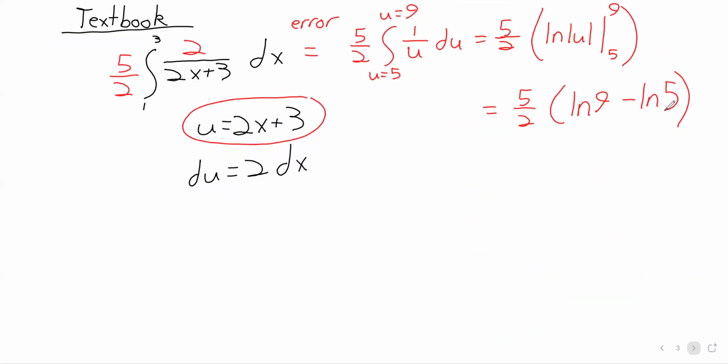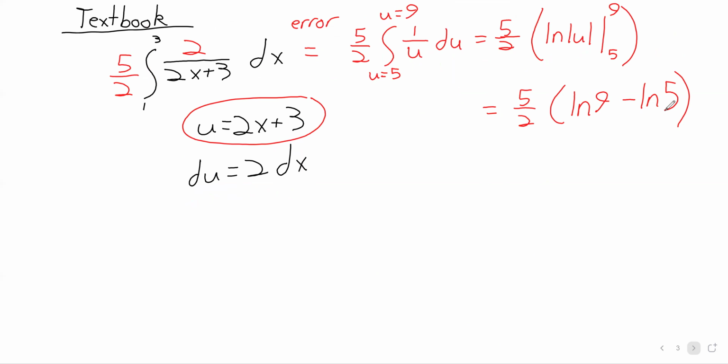Here we used 1 frame or half a frame. We found the indefinite integral and we used the fundamental theorem of calculus. And we did have to make this little adjustment. I don't care how you solve problems like this.